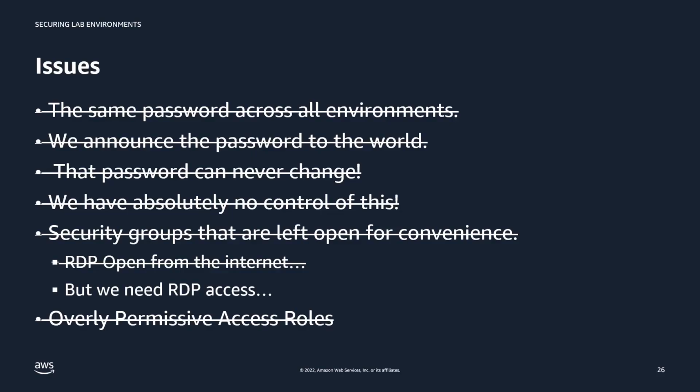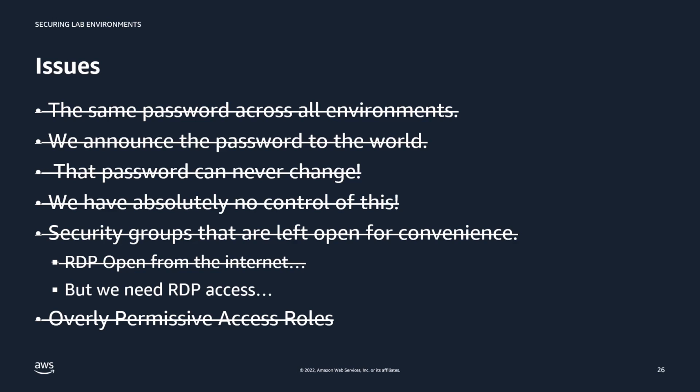So let's just recap as to where we are. We had a whole bunch of issues that we wanted to address at the beginning of this session. However, most of these are already done. As we saw, we've taken care of the password problem. We've added control. We have random passwords. We fixed the security groups. There's now no traffic allowed into this instance from the internet.